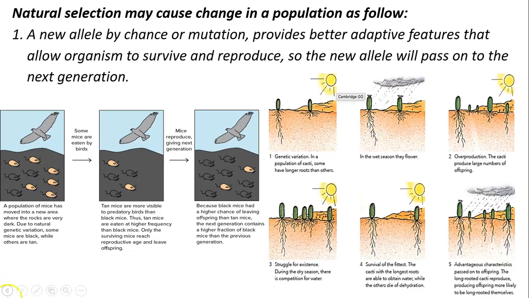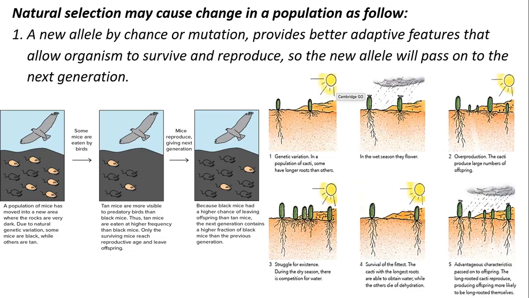Here, the dark colored mice are camouflaged because the environment or the background is dark, so they are not spotted by the hawk here. So that's why those with the dark color are able to survive and reproduce, and accordingly their number in the population starts increasing, and the number of the white mice in the population will start decreasing.